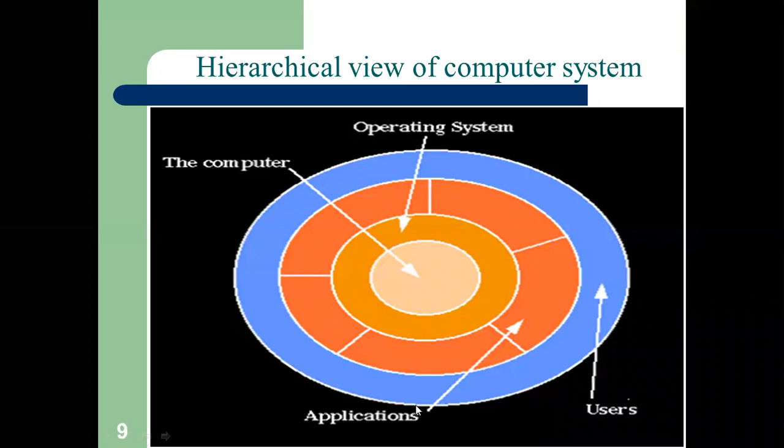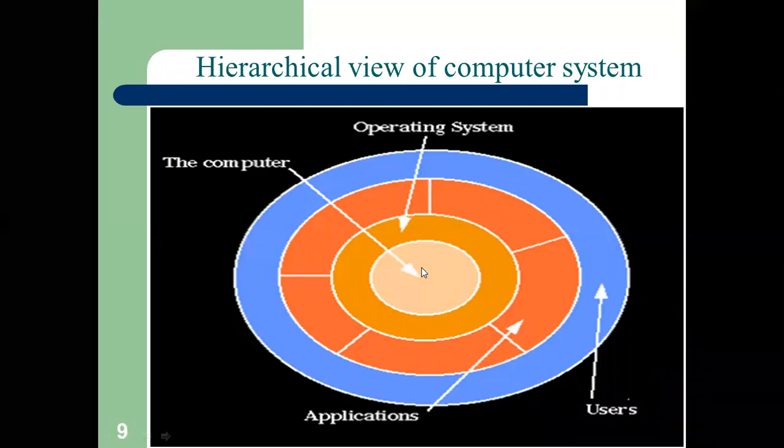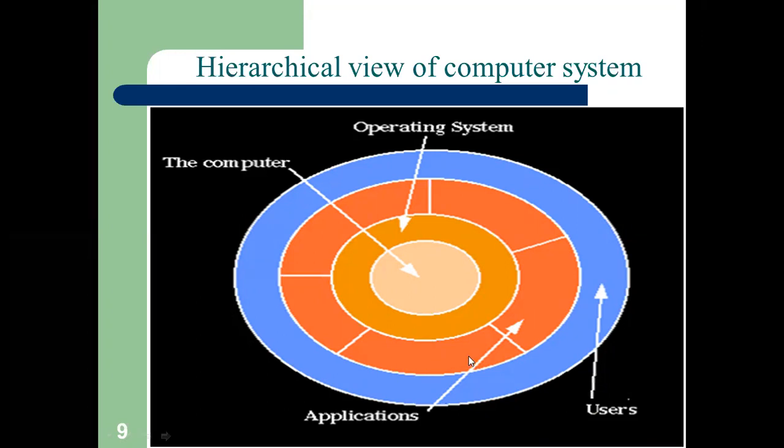Third, you can see different types of applications, because here you will use the hardware, and after that the operating system. Another part is that you will install different types of application software as per your requirement, and this is the broad area for the users. So after the hardware and installation of the operating system, and after installation of the application softwares, the users can work in a user friendly environment.